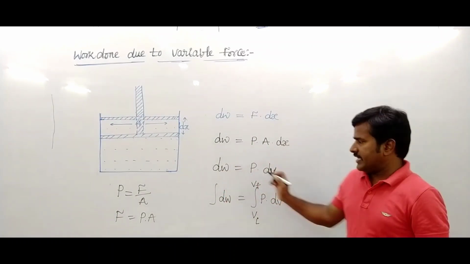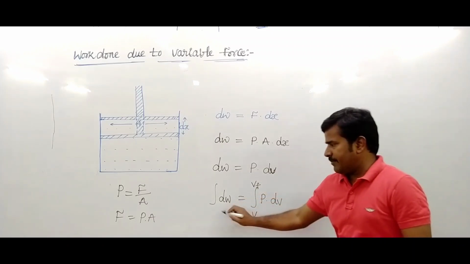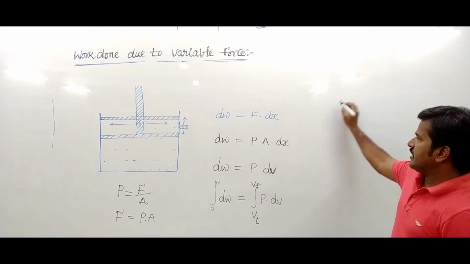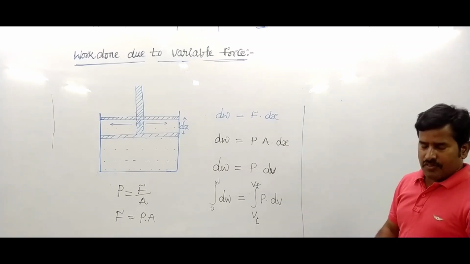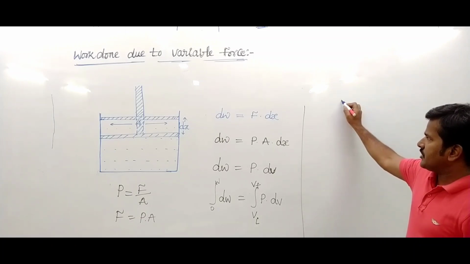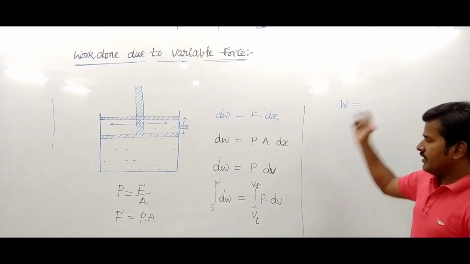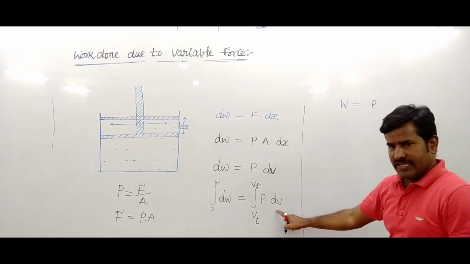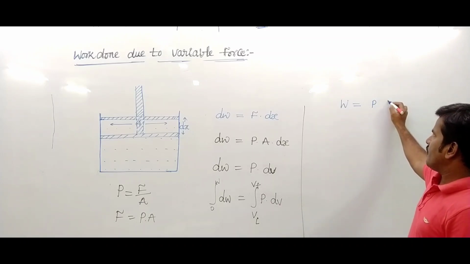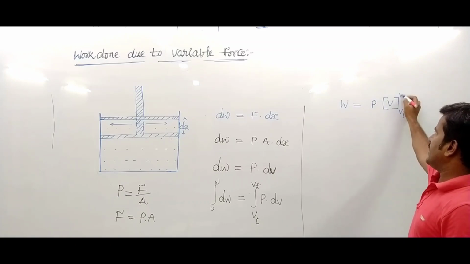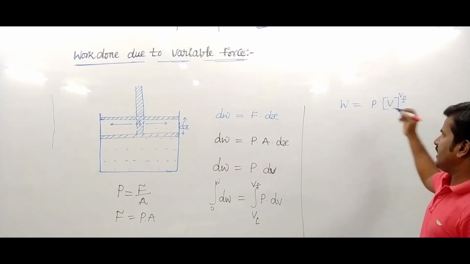Work done is the integral of dW from 0 to W, which is W, equal to P into the integral of dV, with limits Vi and Vf, final and initial volume.